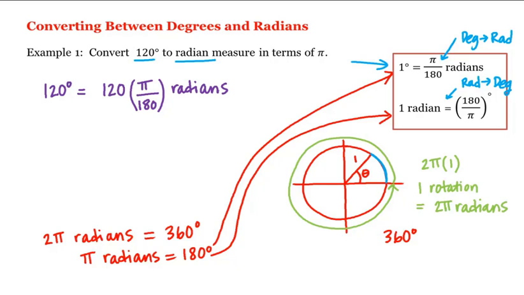And both 180 and 120 are divisible by 60, so we'll be left with a 2 here and a 3 here. That is, the radian measure of 120 degrees is 2 pi divided by 3 radians. And sometimes when we measure in radians, the word radians will be dropped and we just write 2 pi divided by 3.